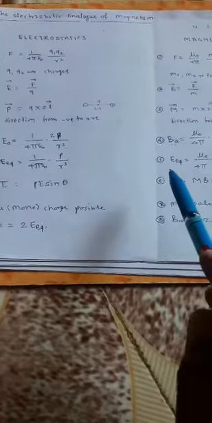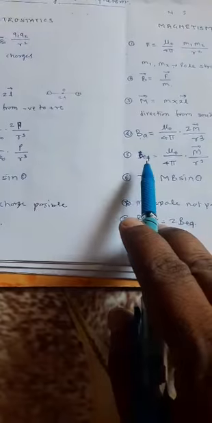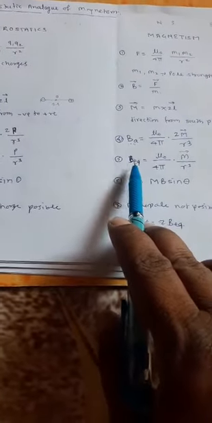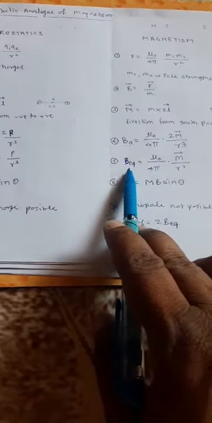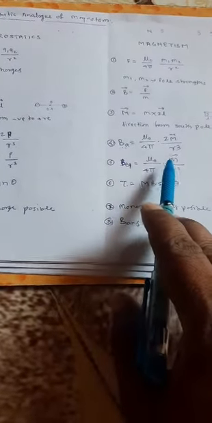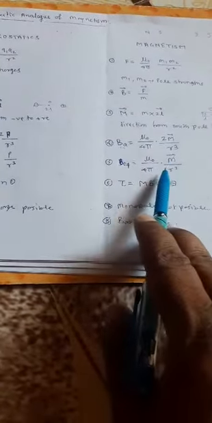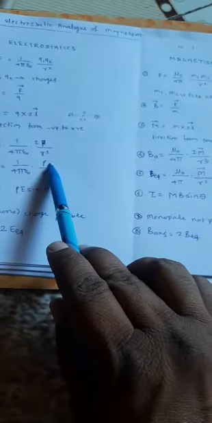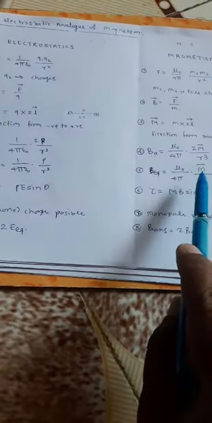Similarly, we write the magnetic field B on the equatorial line: B equatorial is mu 0 upon 4 pi into M divided by R cube. Here it is P and here it is M.